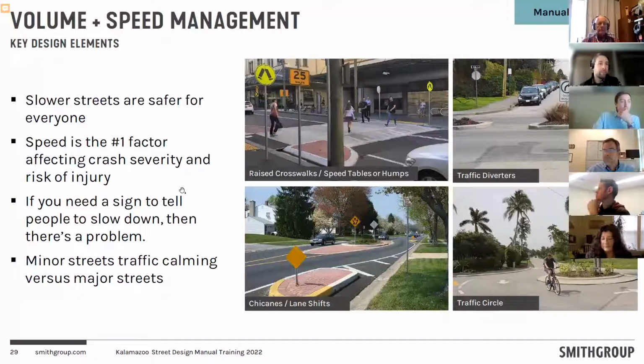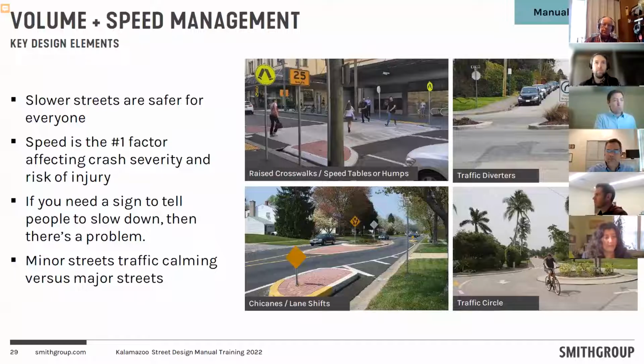I think the third point on the slide is especially an important one I want to draw your attention to. If there was a time when we designed roads, and if we had to have a curve, we would put a sign on it to let people know it was there, instead of trying to figure out a better way to, first of all, control the speeds as people approach that curve, or to not have the curve at all, or to design the curve differently.